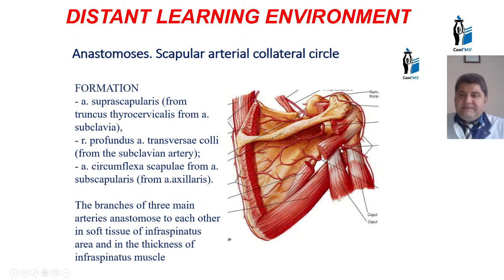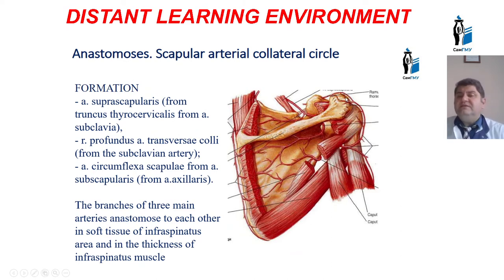Also, in this picture you may see the quadrangular shape foramen. And also you may see the posterior circumflex humeral artery, which gives branches for the shoulder joint, for the acromion, for the clavicle.